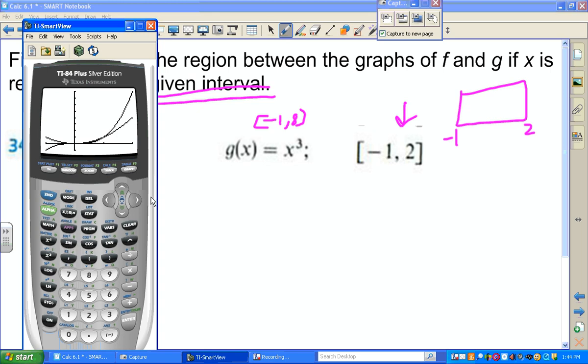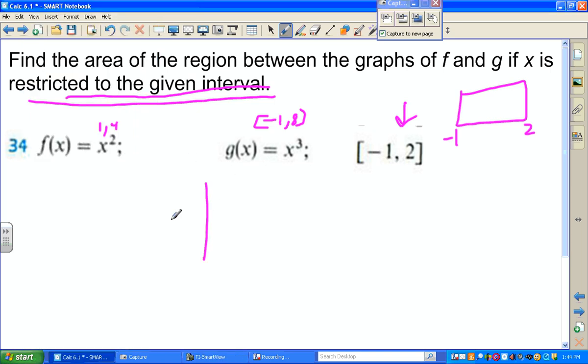Oh yeah, I remember we had that discrepancy about which graph is actually, well, from 0 to 0, it looks like the x squared is over the x cubed, and then the x cubed over the x squared. The bottom one's not going to be x squared. Oh, you're saying on the positive x.